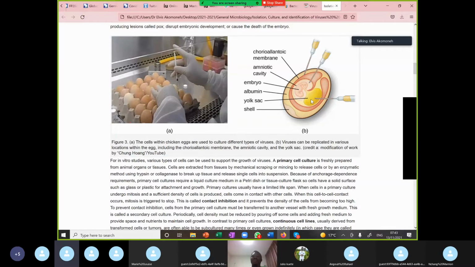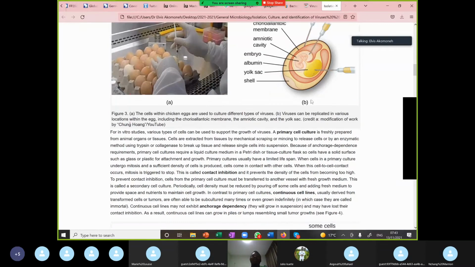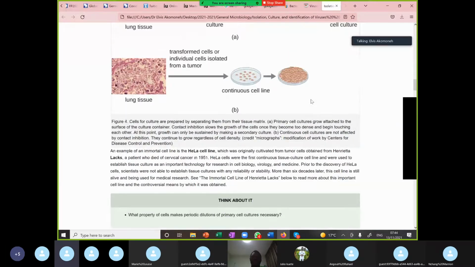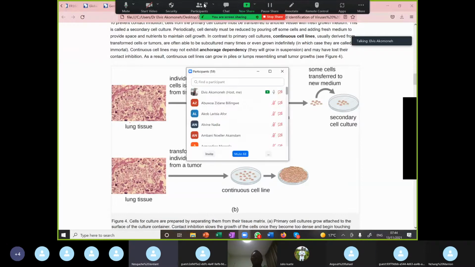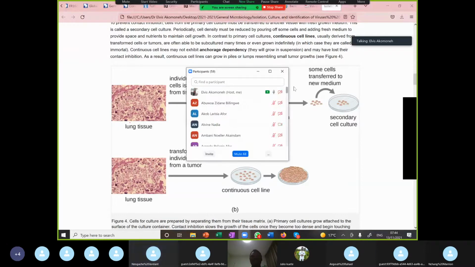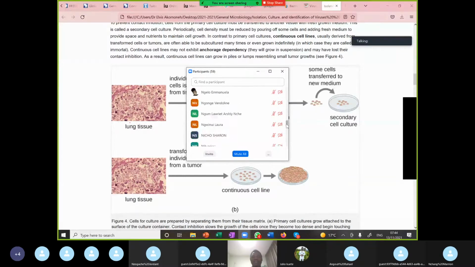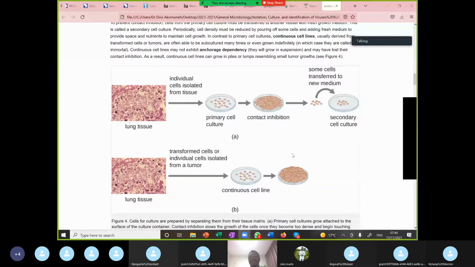For animal viruses, we typically use an animal host, or we use tissue of the animal. For animal host, we typically use small laboratory animals like mice.